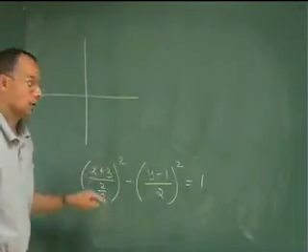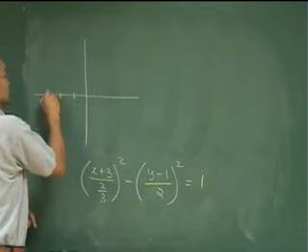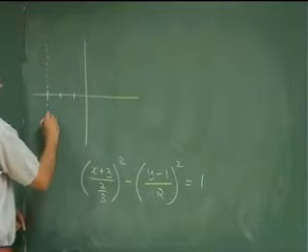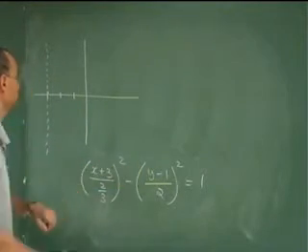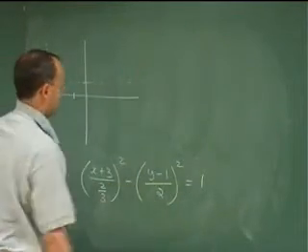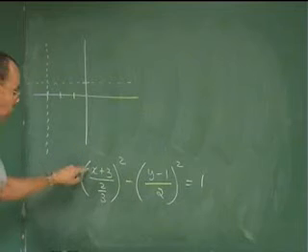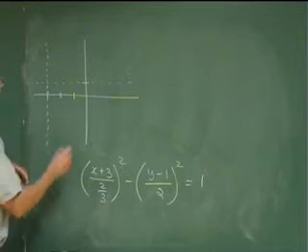Okay. We want to shift to -3 on the x's. 1, 2, 3. On the y's, we want to shift to +1. On the x's, we're only going 2/3 to the right and 2/3 to the left.